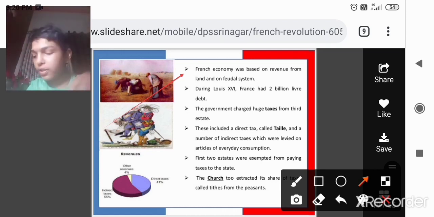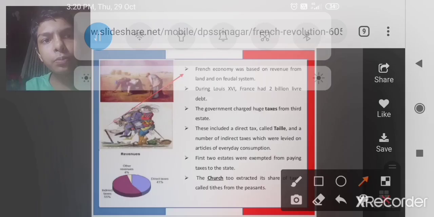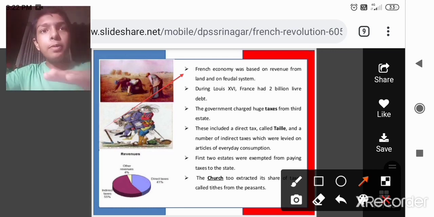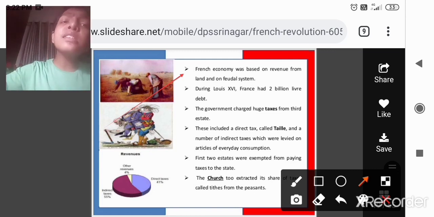Now, what was the feudal system? The feudal system covered military, social and economic matters. Now coming to legal matters, whatever customs, rituals they follow, that comprises the feudal system.